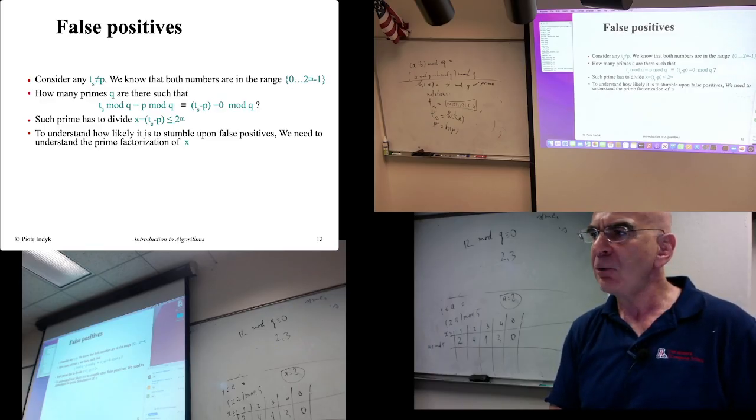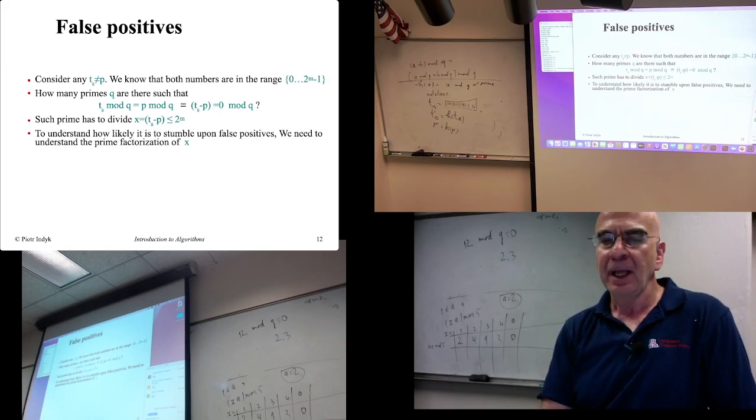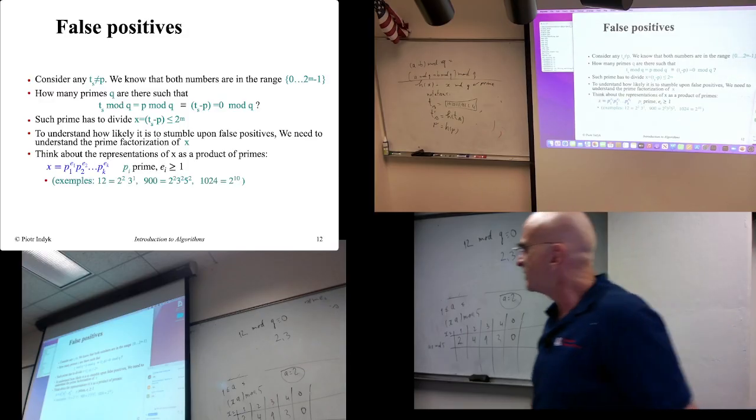So I want to ask, how many bad primes are there that will cause a false positive for these particular numbers? To understand how likely it is to stumble upon such a false positive, we need to understand the prime factorization of X over here. So what is prime factorization?